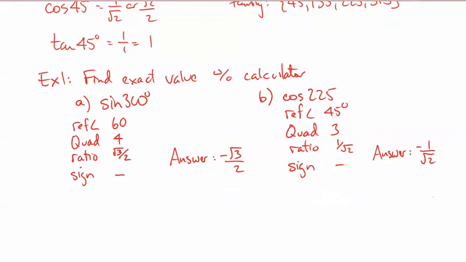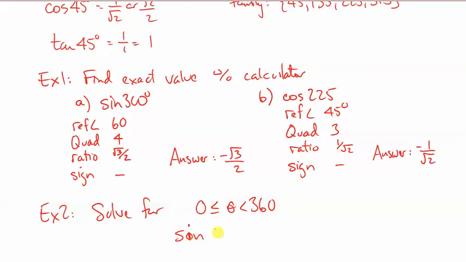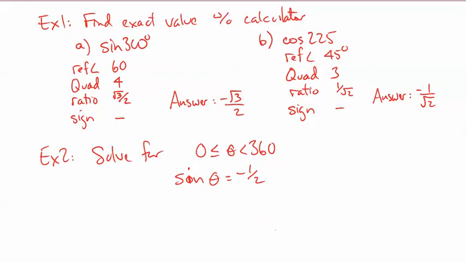Other problems that you can be asked for that are similar to this could be working the problem backwards, such as this. Solve for an angle between 0 and 360 degrees when you're told the sine of the angle is negative 1/2. It's very similar thinking, but we have to back some things up and do it in reverse order.